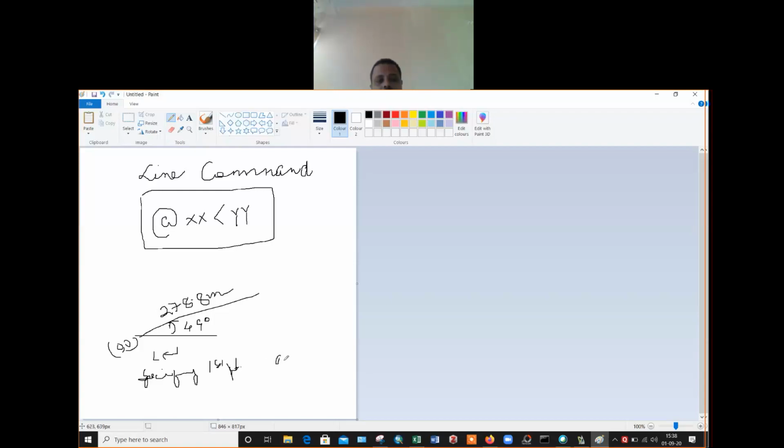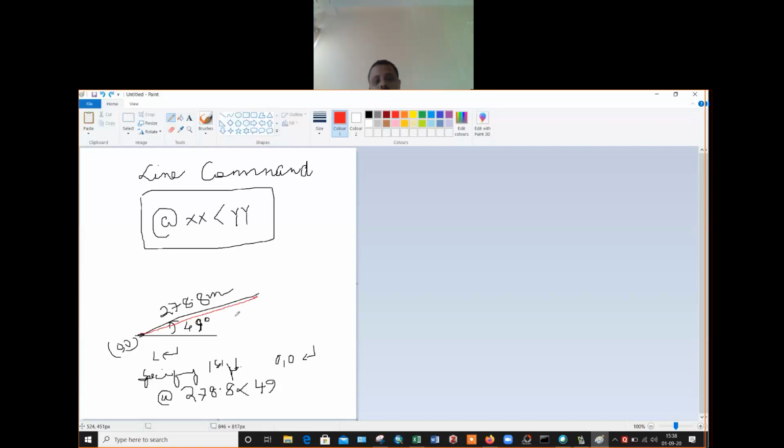My first point will be 0, 0, okay, in the command line. Then I will write at rate second point 278.8 less than how much? What is the angle? 49. So I will get a line from this 0, 0 point up to here.